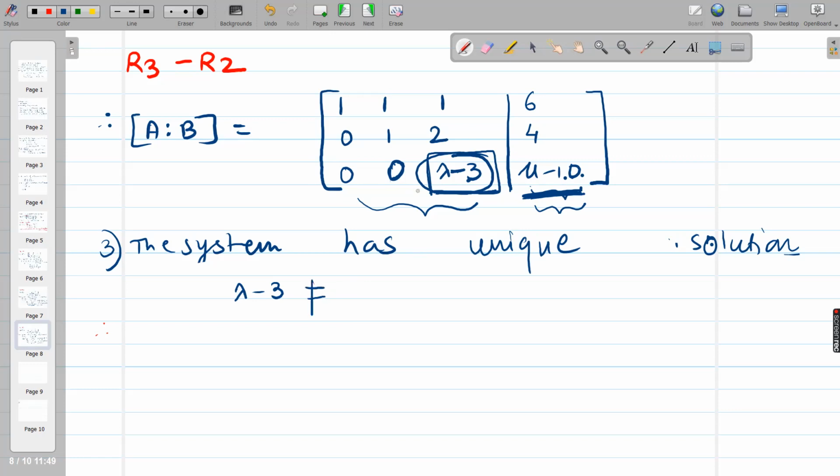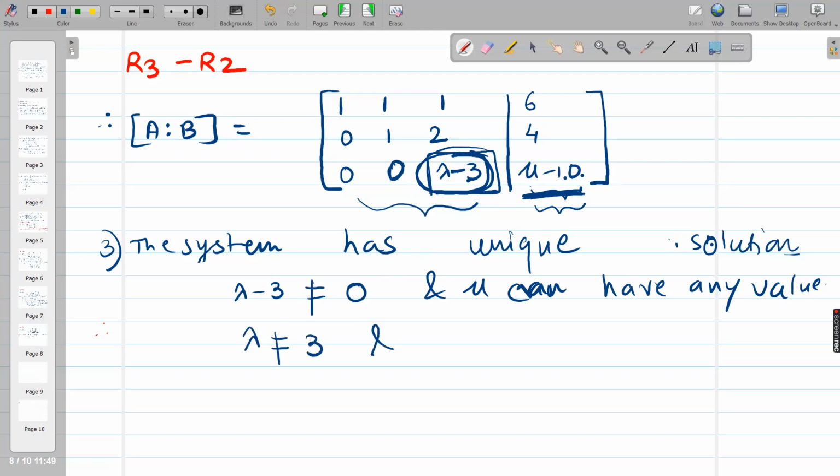So basically this number lambda minus 3 should not be equal to 0, and mu can have any value. So lambda should not be equal to 3 and mu minus 10 can have any value.